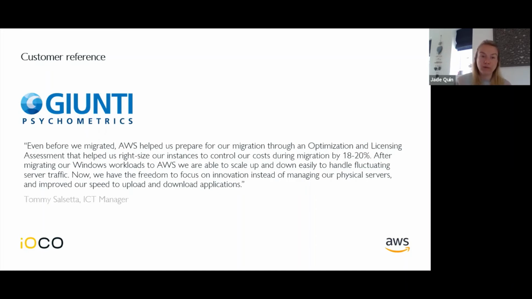And that was the ultimate business benefit for them. So as you can see, great example of how the OLA has helped this customer in very early stages of their migration to get to their ultimate goal.